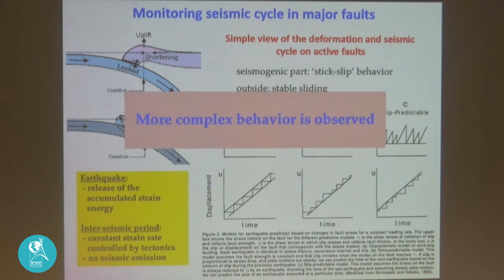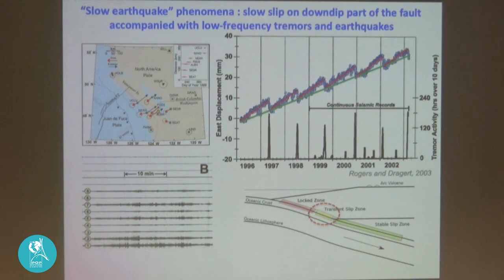Okay, but now with modern observations, again, seismological and geodetic, we know that actually this interseismic period is not quiet. There are many things that are ongoing, and this is what I will briefly show you. So this is mainly related to the phenomenon of slow earthquakes that was discovered at the beginning of the 21st century, more or less simultaneously in Cascadia and in Japan.